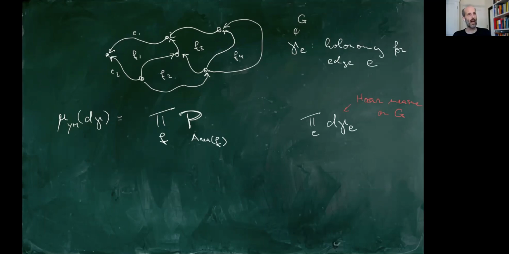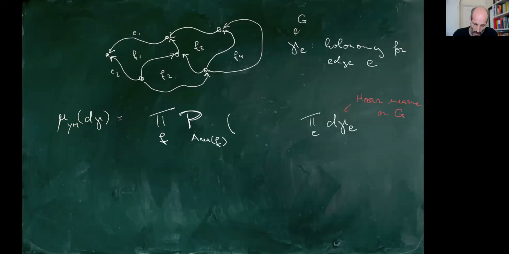So the time of the heat kernel is the area of the face. And the heat kernel on G starts at the identity. At time 0, it would be a delta measure on the identity element of G. And at subsequent times, it's a function on G which only depends on the conjugacy class. So it's a class function.